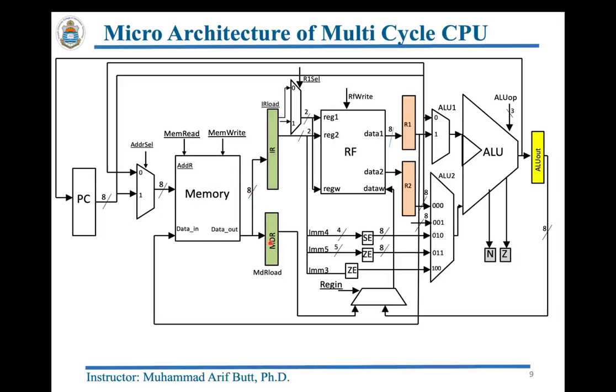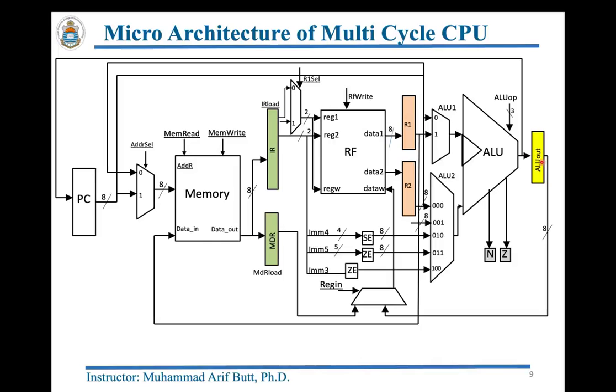This MDR represents the memory data register used to hold the data value returned from the memory. These R1 and R2 are temporary registers used to temporarily hold the register values read from this register file. And finally, this ALU out is used to temporarily hold the result calculated by the ALU.